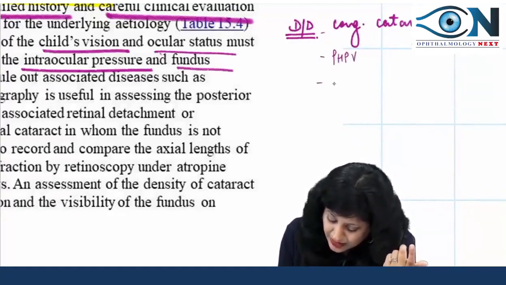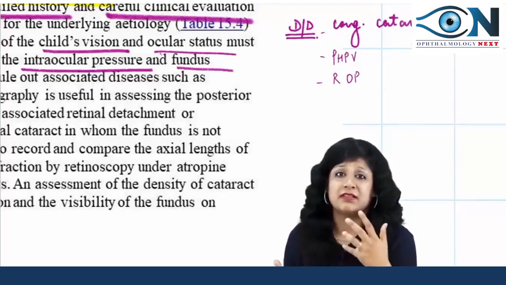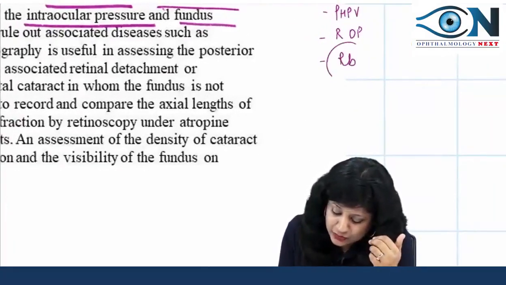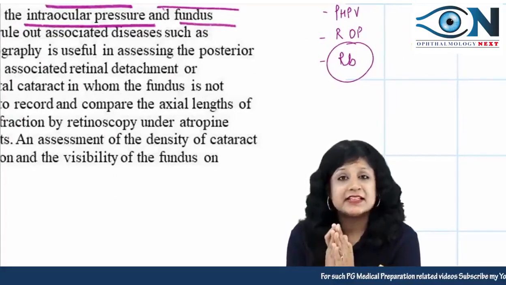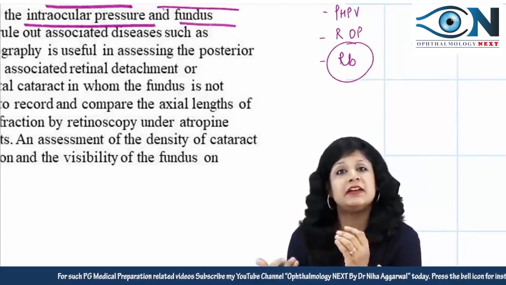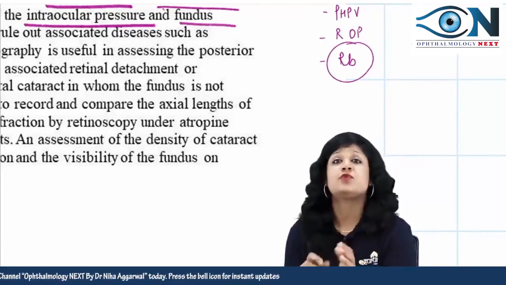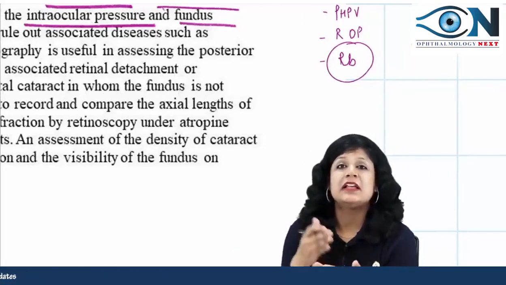PHPV, we can have retinopathy of prematurity, but one of the most severe things that could be there in this baby is actually the retinoblastoma. And it is said that if a baby is less than 3 years old and we have got a whitish pupillary reflex, leukocoria, then it is always safe to consider it as a case of retinoblastoma unless proved otherwise.